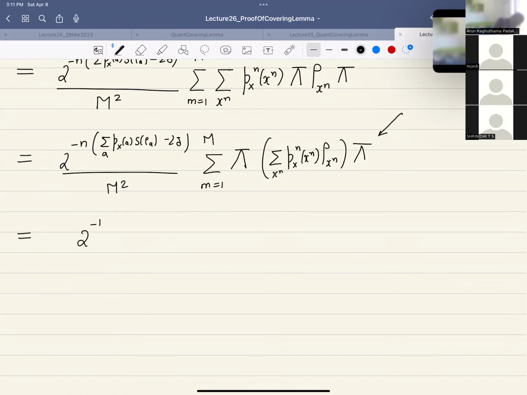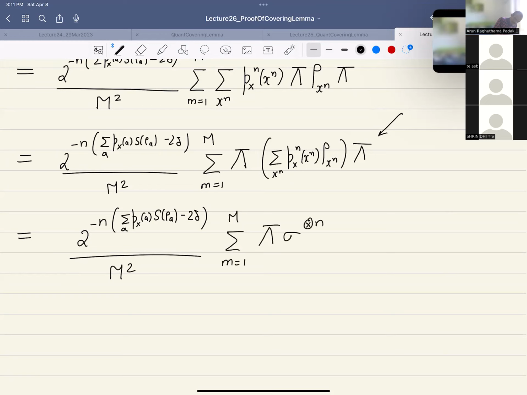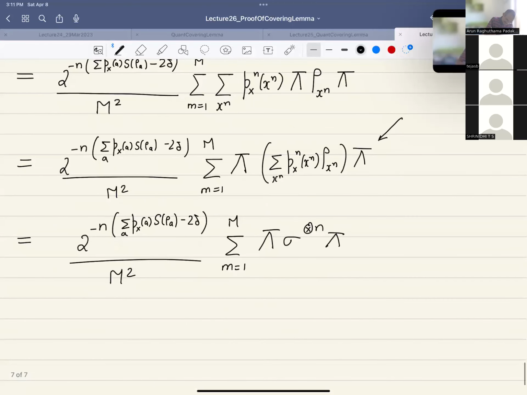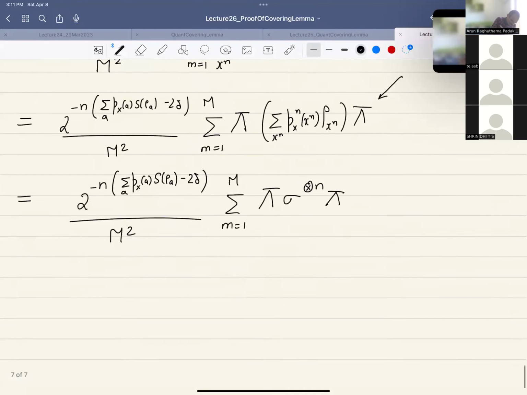So 2 power minus n times a px of a, s of rho a minus 2 delta divided by m squared, summation m equal to 1 through capital M, pi sigma tensor n pi. Now in good, great shape. Look at how many we got rid of, 10 projectors, and we are ending up with what we need. Okay, great. Now we are in good shape again.